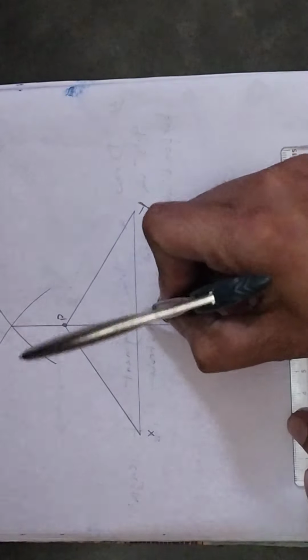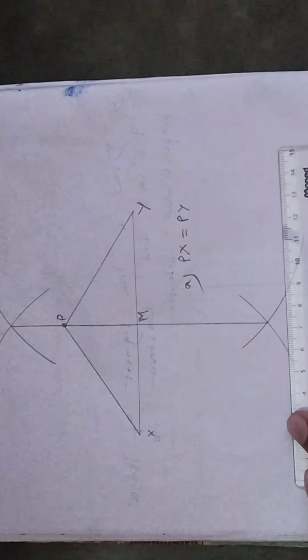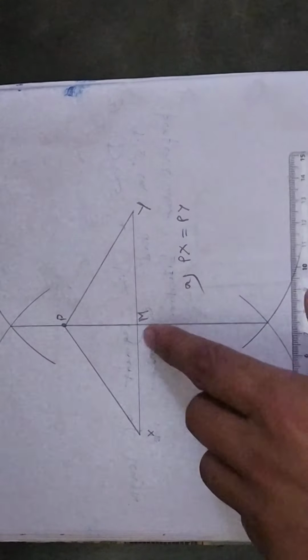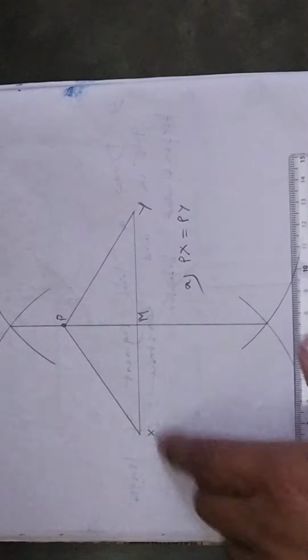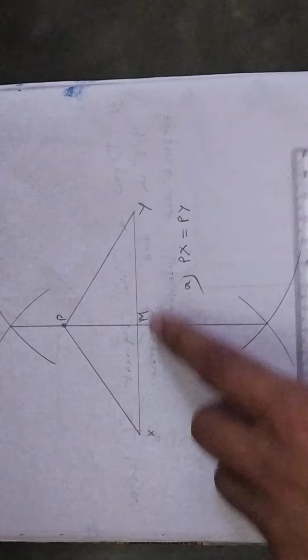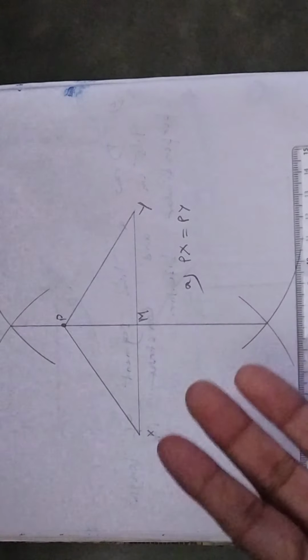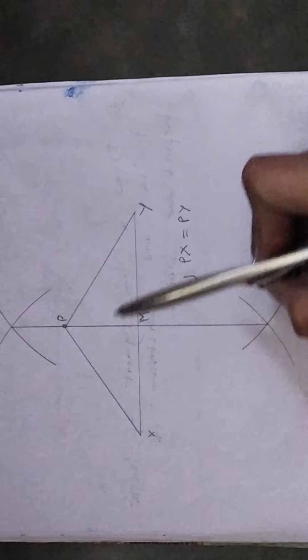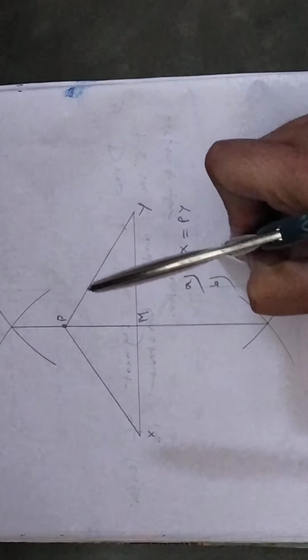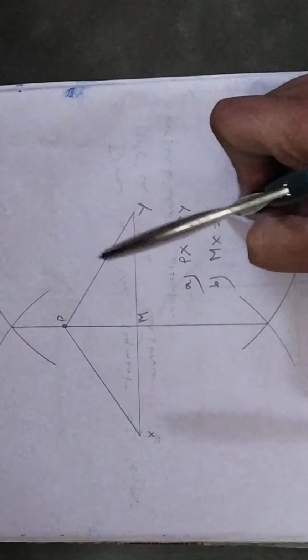This is the midpoint M. Now what can you say about mx and my? Since M is the midpoint of x and y, both mx and my are the same. So in question number B also, mx equals to my.